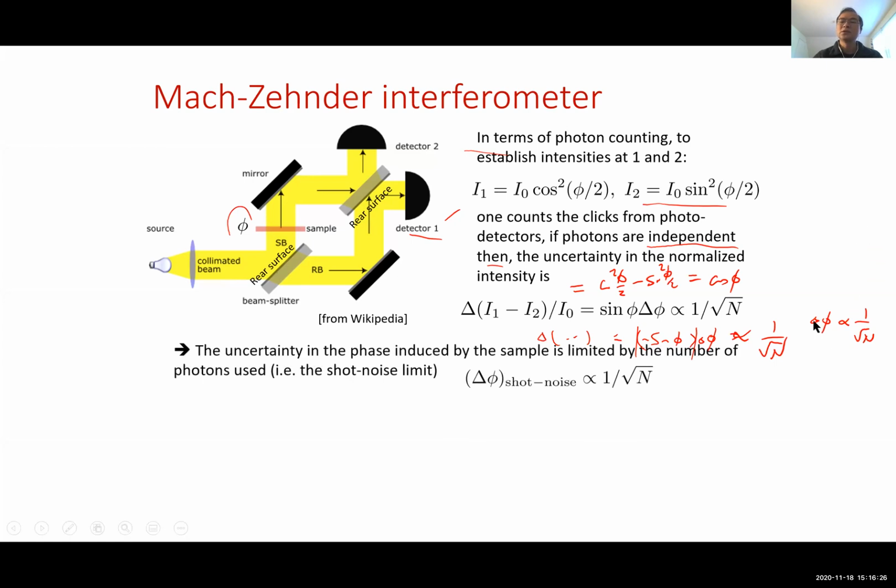So this is the shot noise limit. The uncertainty in measuring this phi from the sample is limited by the number of photons. This is called the shot noise limit.